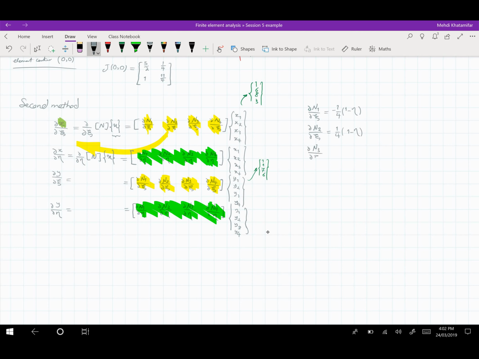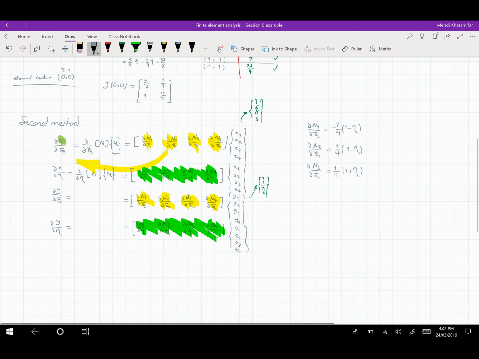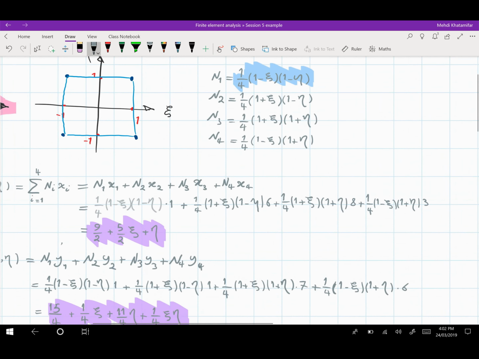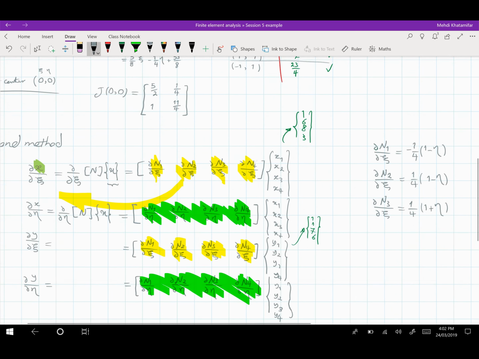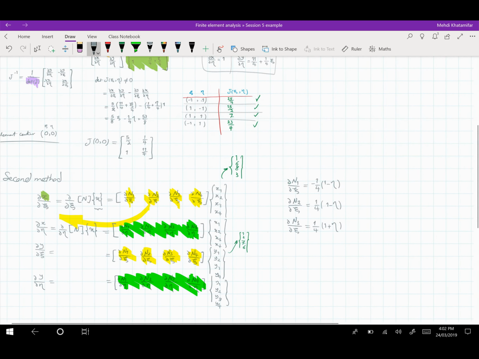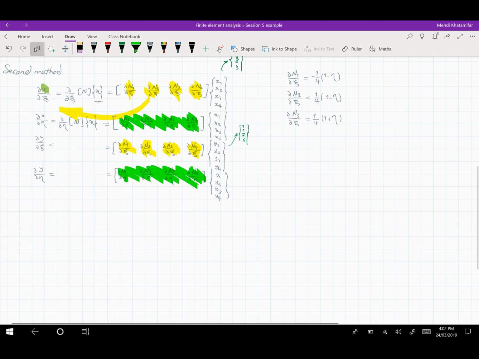N3 over psi is going to be 1 over 4 times 1 plus eta. Let me check n3. N3 is this one. So the derivative over psi is going to be 1 times 1 over 4 times 1 plus eta. So correct. We made sure everything is in order. And the n4 derivative over psi is going to be negative 1 over 4 times 1 plus eta.